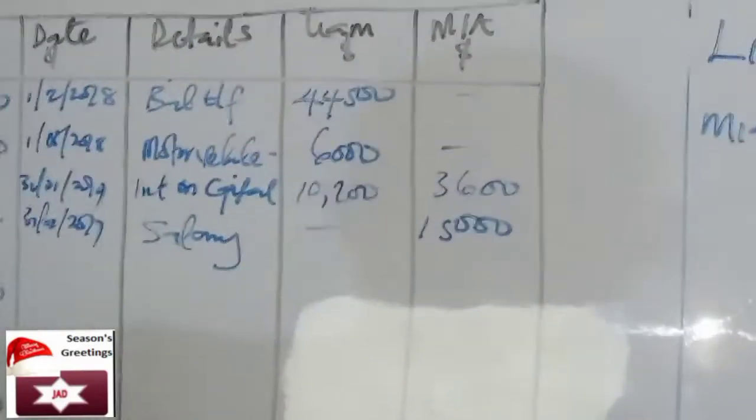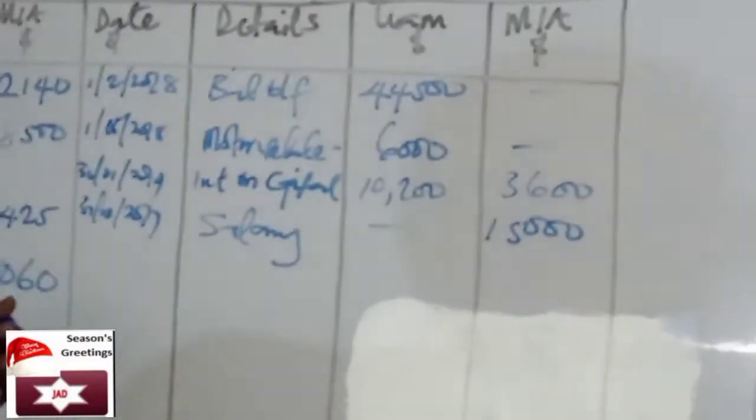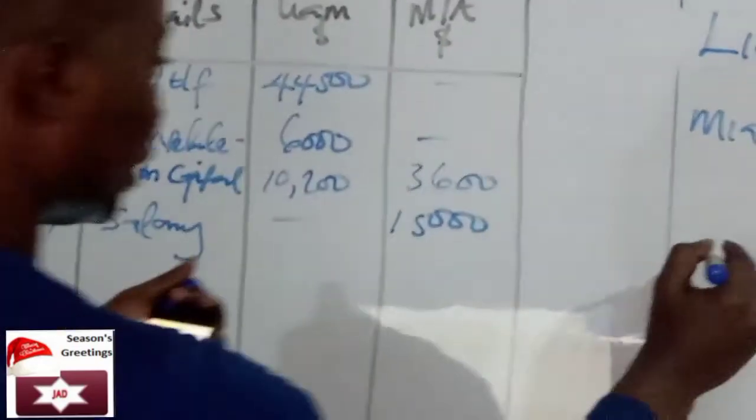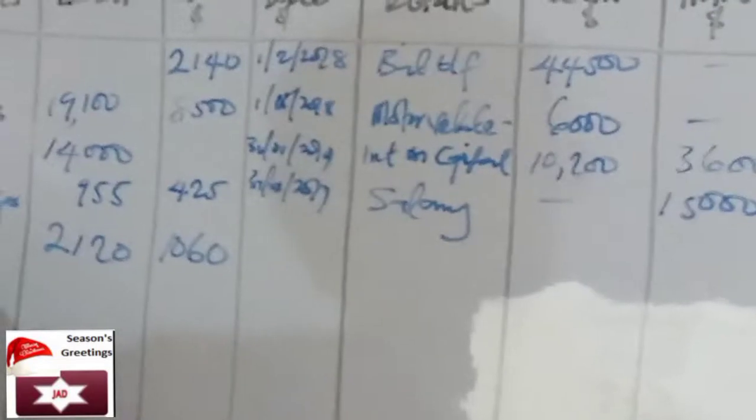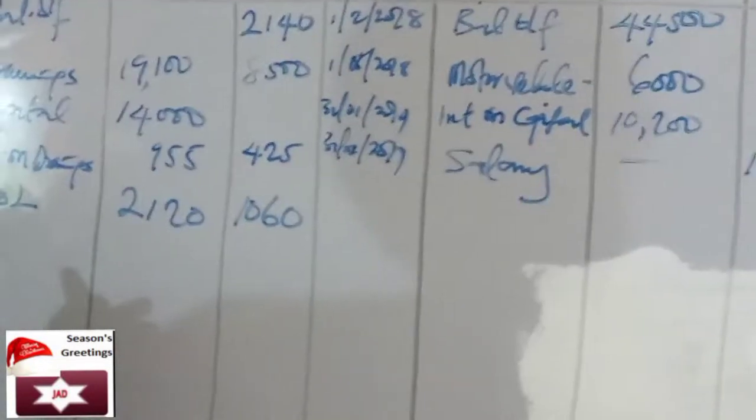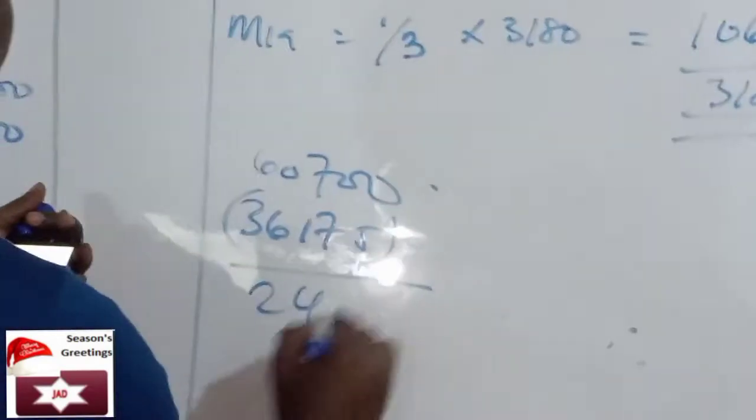We have 44,500 plus 6,000 plus 10,200, that's 60,700. And the total on the debit side: 19,100 plus 14,000 plus 955 plus 2,120, which is 36,175. The difference is 24,525.